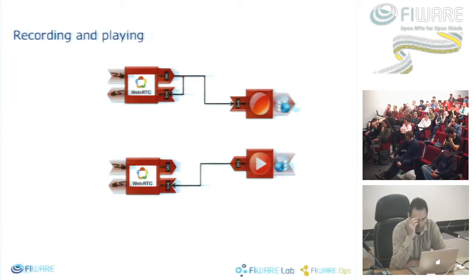Okay. So if you think about this, and if you think about our philosophy, the philosophy of Kurento, which is based on having media elements, this means modules providing a specific capability and connecting those modules.